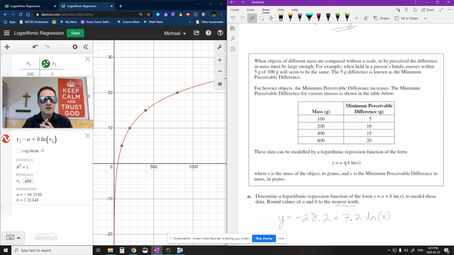For example, if you held in your hands 5 grams and 100 grams, they will seem to be the same. Okay, 100 grams is pretty small, 5 grams is pretty small, so they'll probably feel about the same. A 5-gram difference is known as the minimum perceivable difference.